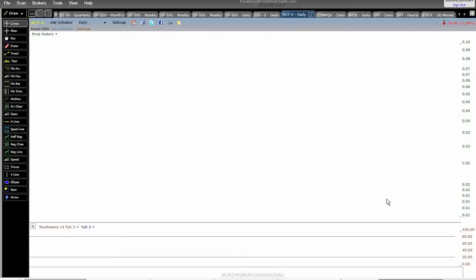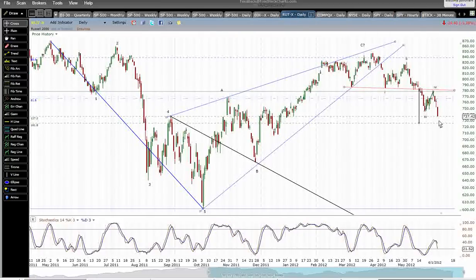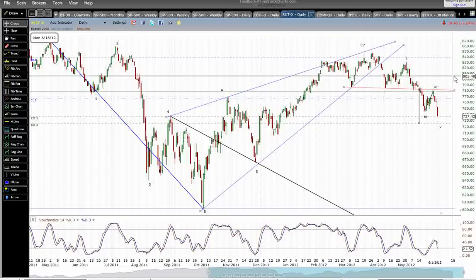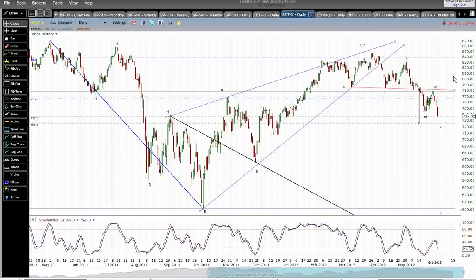So if we use the Russell 2000 here as an example, let's say we get a reversal Monday or Tuesday, and then we see the stochastics cross up and then move up into overbought territory a couple weeks down the road, maybe into middle or late June. We see the market get overbought here and then start to roll down. You can start to take those sell signals and look for stocks that are showing nice patterns, whatever trading method, to short, or look to take signals to short the market in general.